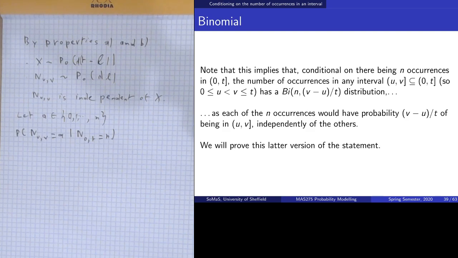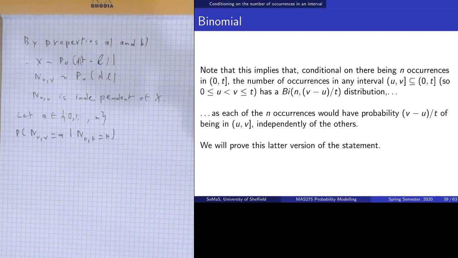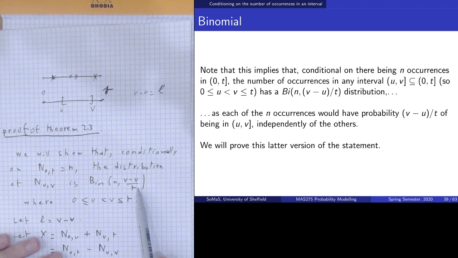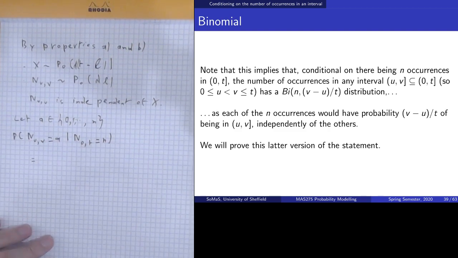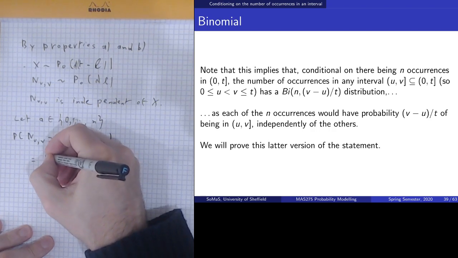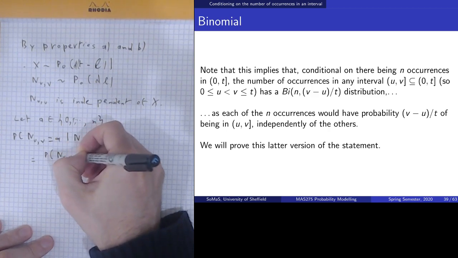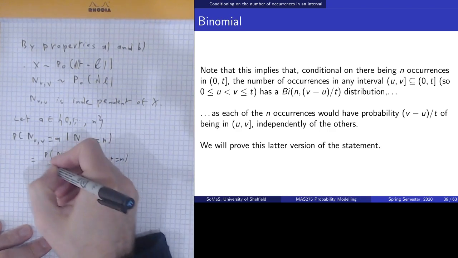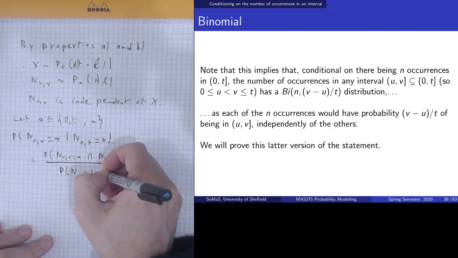As we said, we want N_{uv} to be binomial, so we want to get n choose a times this to the power a times 1 minus this to the power n minus a. So how do we do this? Well, it's the usual first definition. So it's equal to the probability that N_{uv} equals a and N_{0t} equals n divided by the probability that N_{0t} equals n.